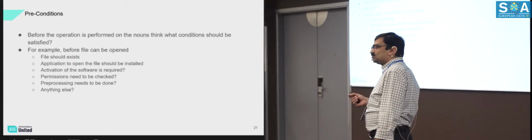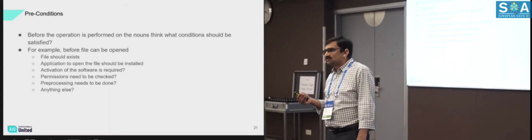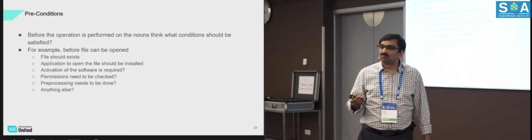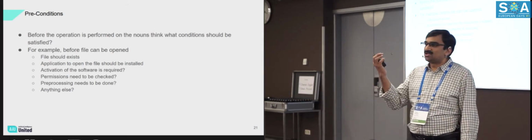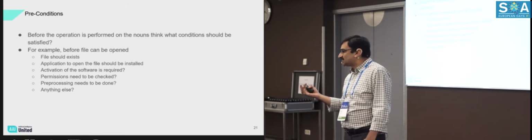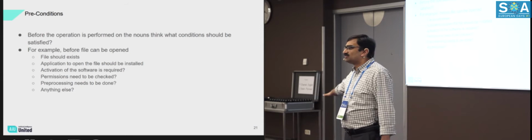How many of you have installed Microsoft Word or Adobe Reader or Acrobat and then opened files, and at some point it would not allow you to open any file but throw up a dialog, please activate your software? Have you ever seen that kind of dialog? Yeah? So when somebody wrote the user story, they said user should be able to open the file.